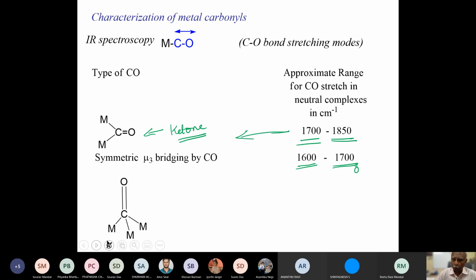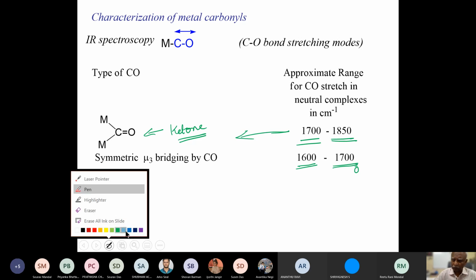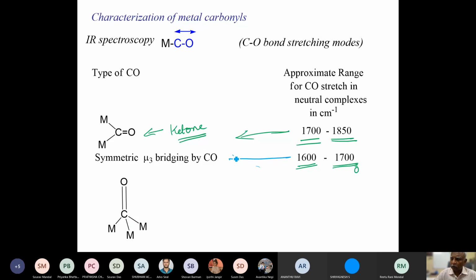And if you look at the triply bridging carbon monoxide, then you would find that they are very, very low, 1600 to 1700 centimeter minus 1.